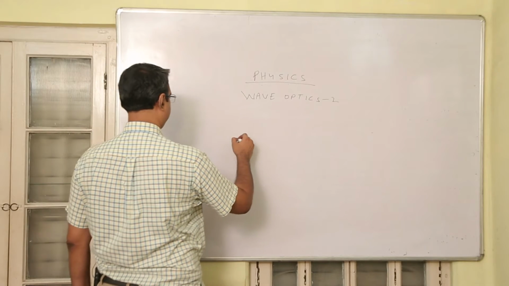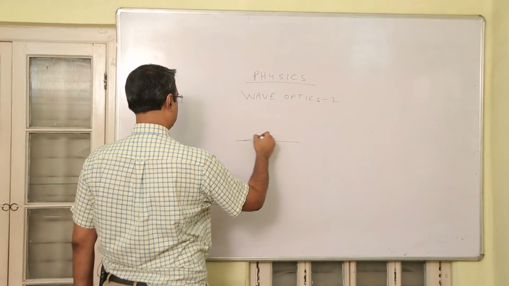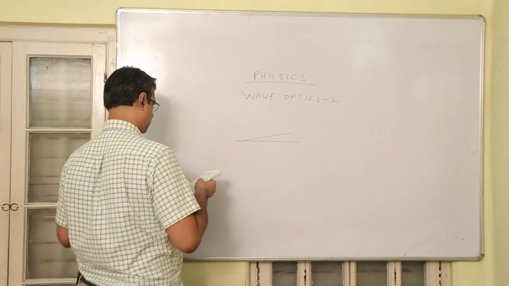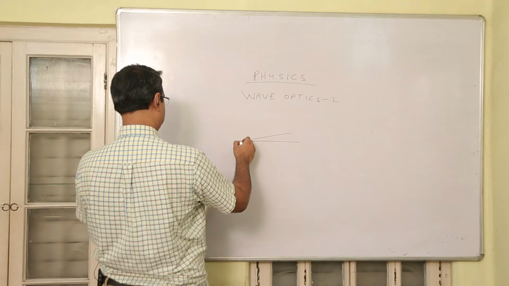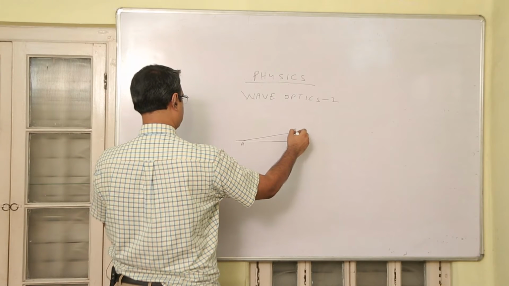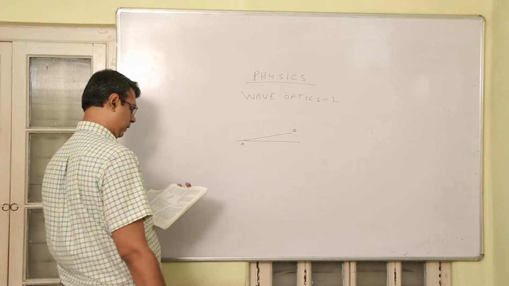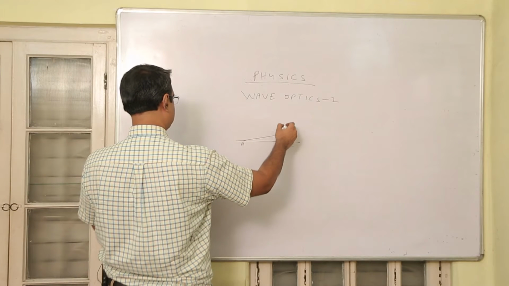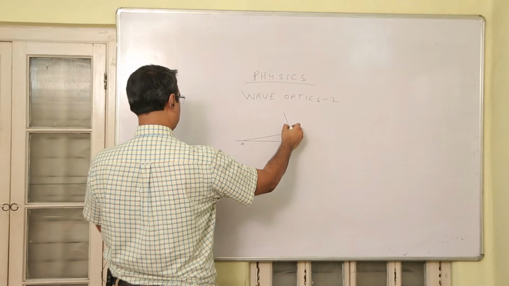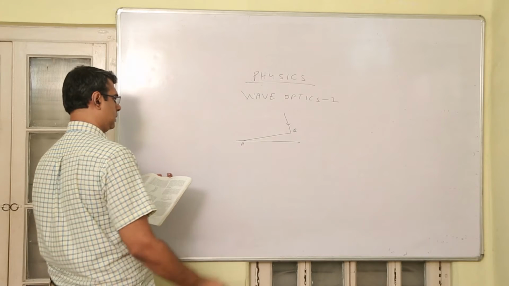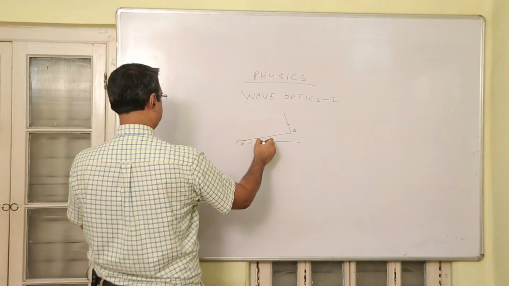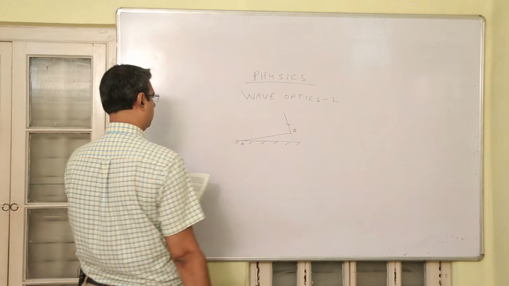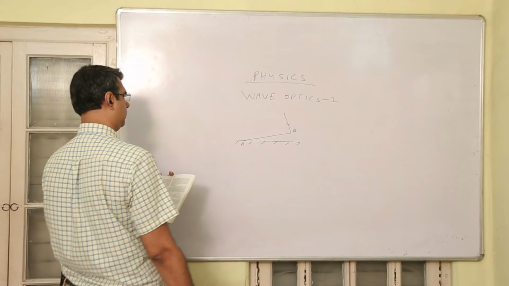Suppose there is a transparent medium, and AB is the incident wave front. You could say, suppose it's a plane mirror, something like that. AB is the incident wave front.